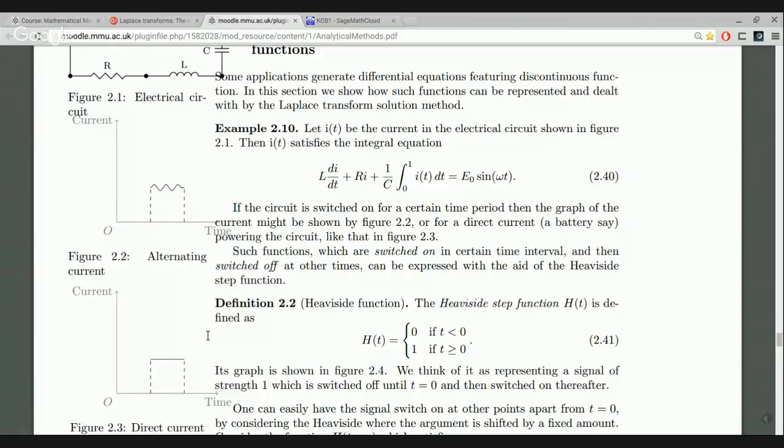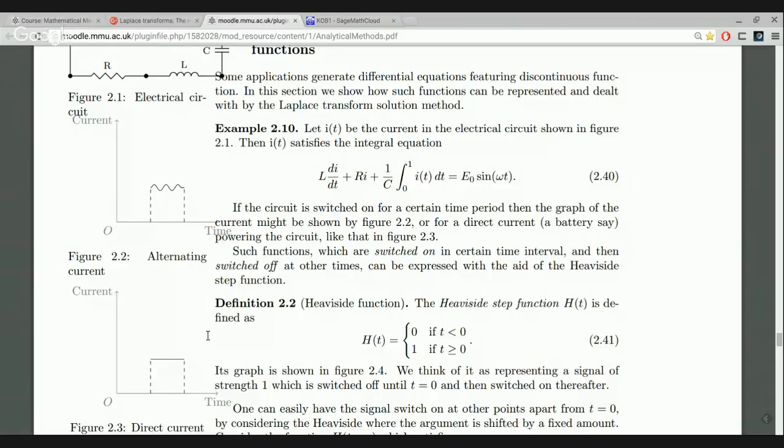According to the definition, this should be 0 when t minus a is strictly less than 0, and 1 when t minus a is greater than or equal to 0. But of course, that's equivalent to saying t strictly less than a, and t greater than or equal to a. So that is indeed the graph we see.